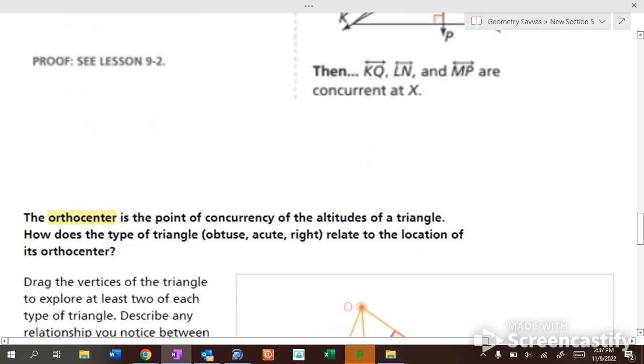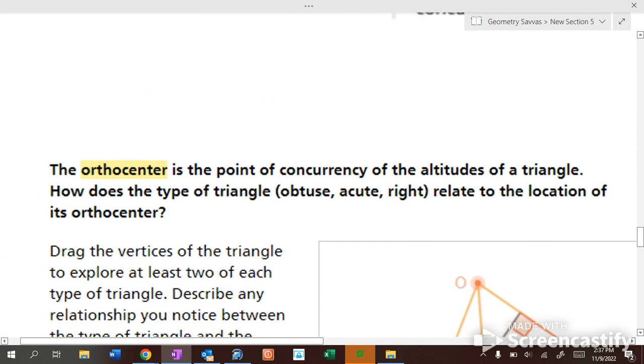All right. The next thing that we're going to worry about is the orthocenter, which is the point of concurrency of three altitudes. The orthocenter is the point of concurrency of three altitudes.